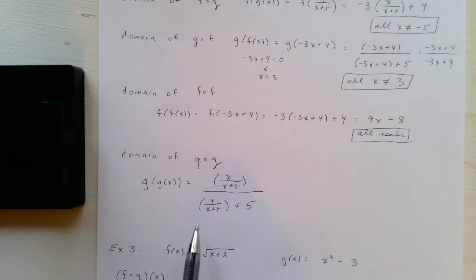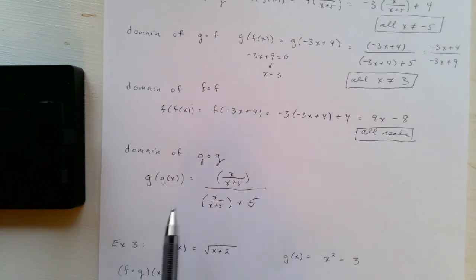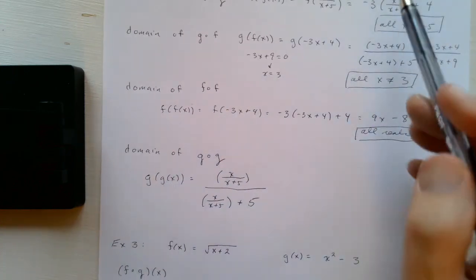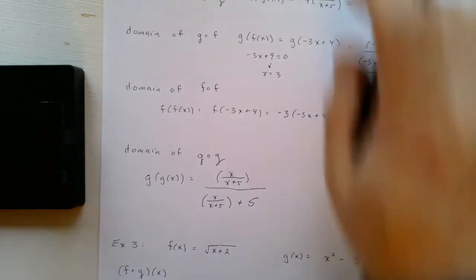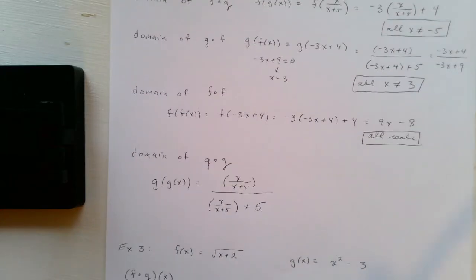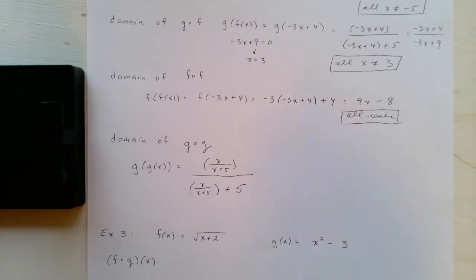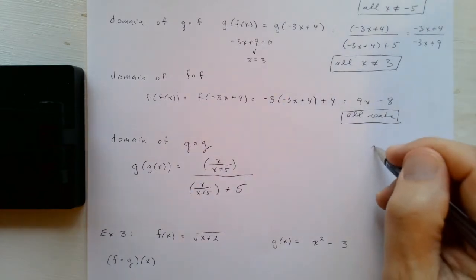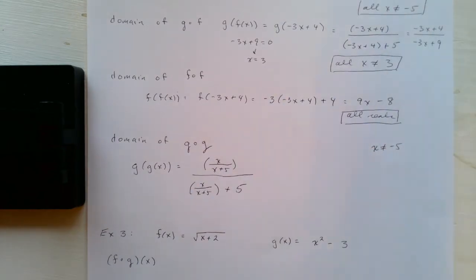I'm skipping a step here, but you can see g of x is x over x plus 5, and you just replace this x and this x with x over x plus 5. Now before we simplify this, we will see that clearly if x is negative 5, this does not exist, because in that case this expression and this expression are undefined. So right away we know that x cannot be equal to negative 5.